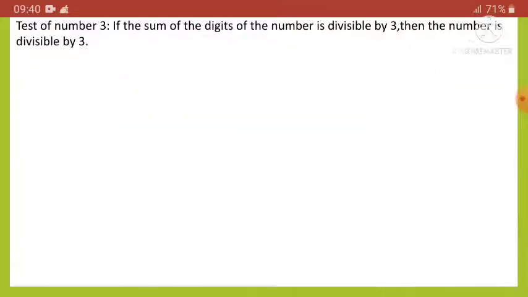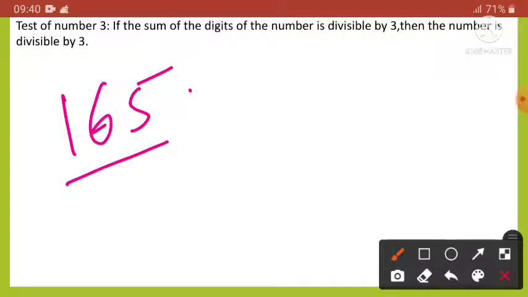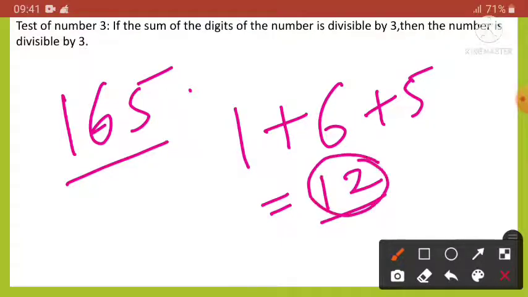Again, I am taking another. Suppose I am taking the number 165. Is this number divisible by 3? What is the rule? At first we have to sum all the digits in the number. So we are getting 12. Now try to divide this number by 3. 12 is divisible by 3. Yes.